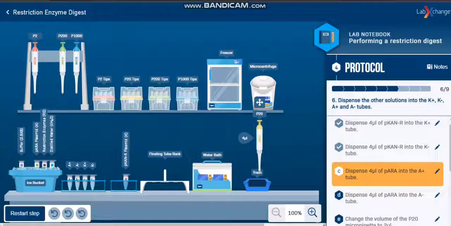And then dispense 4 uL of pA into the A plus tube.